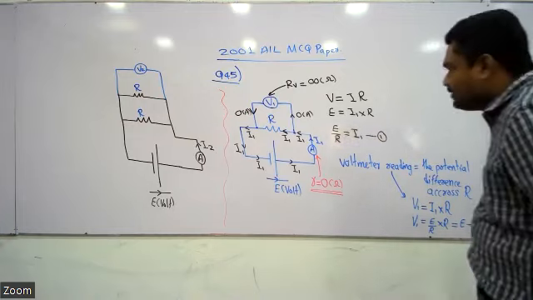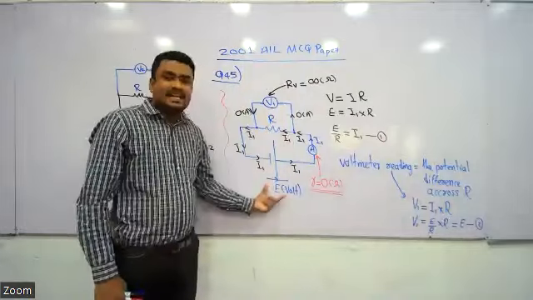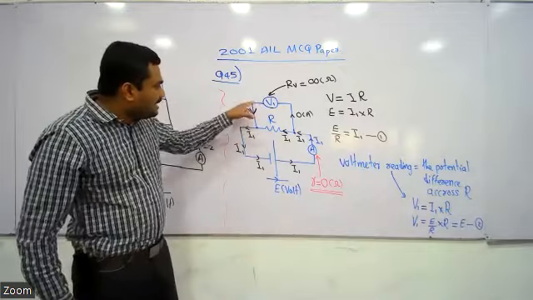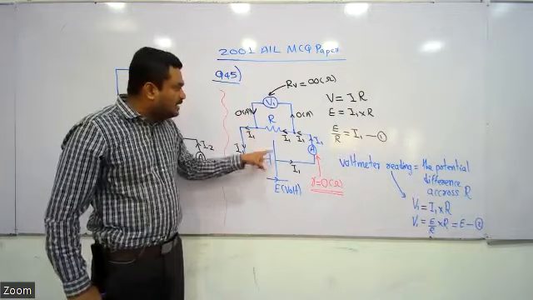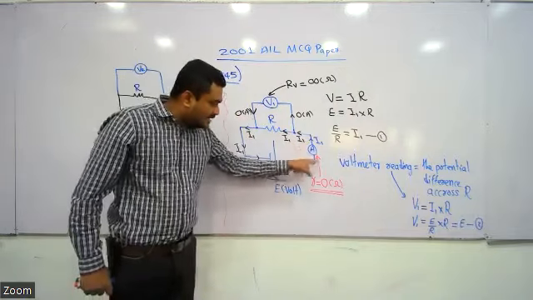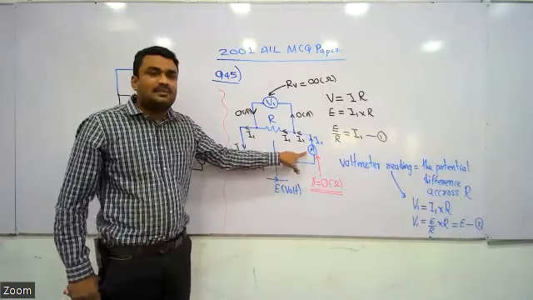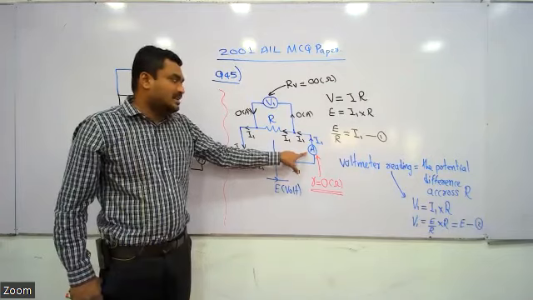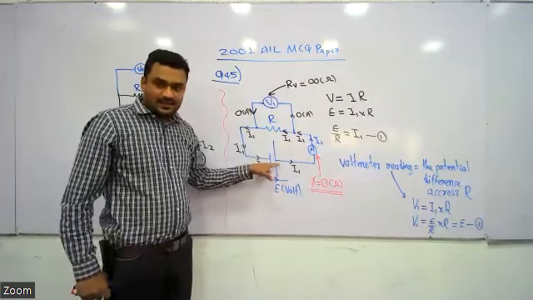For this circuit, look at the first circuit here. The voltmeter reading is exactly equal to the EMF of the battery. Why? One terminal of the voltmeter is connected to the negative terminal of the battery, and the other to the positive terminal. The resistance of the ammeter is 0, which means the voltmeter is directly connected to the battery.